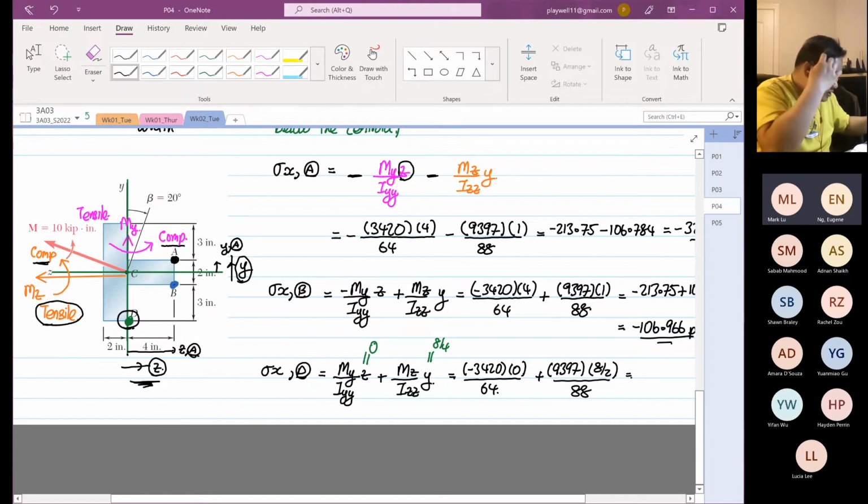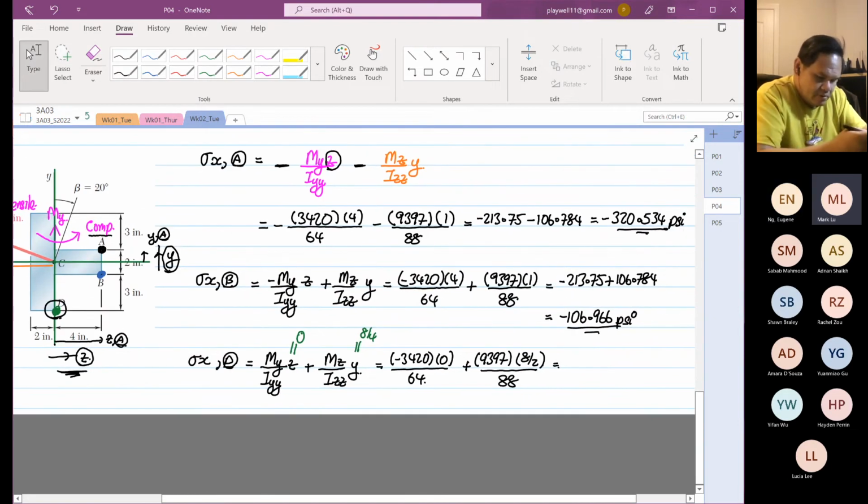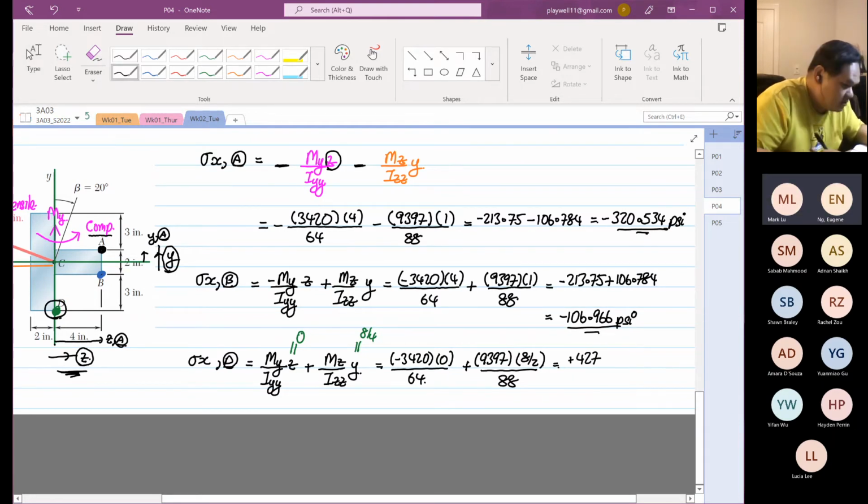So this will be equal to 9397 times 4 divided by 88 is equal to positive 427.136 psi.